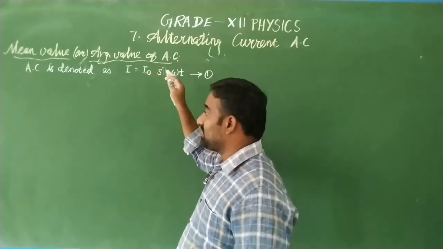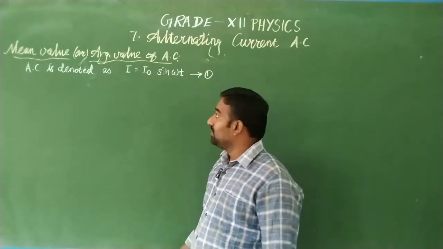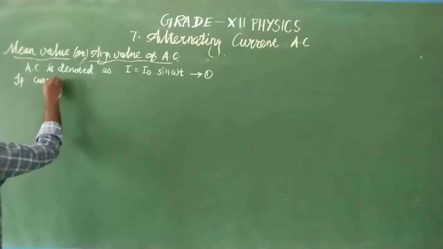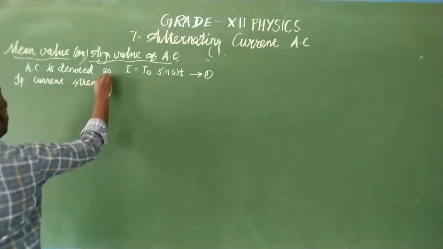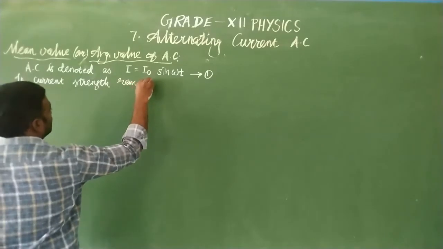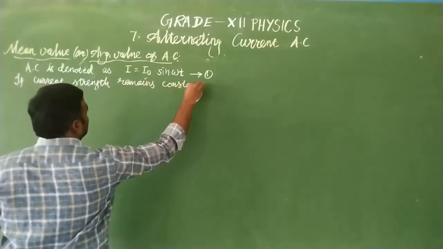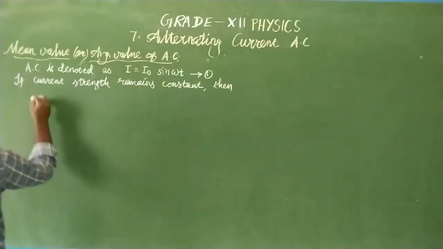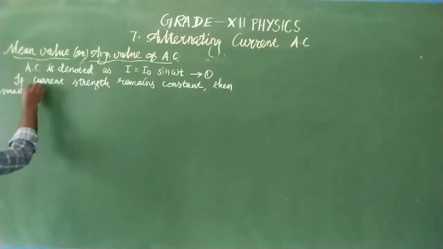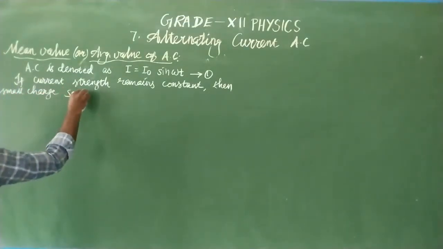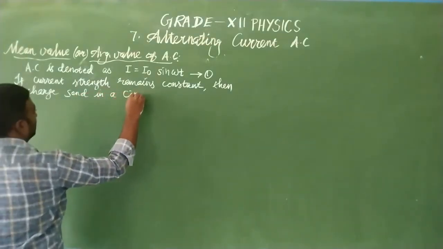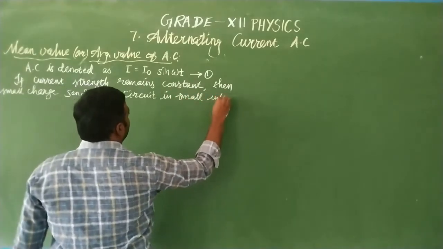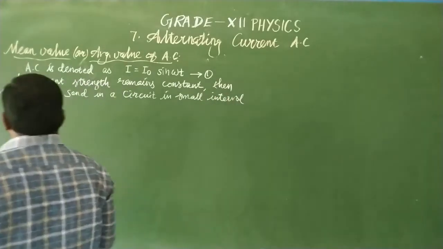Even then, the small charge sent in the circuit at the same time can be denoted as follows. If you assume the current strength remains constant, then the small charge sent in a circuit in a small interval is denoted by, how can we denote it?